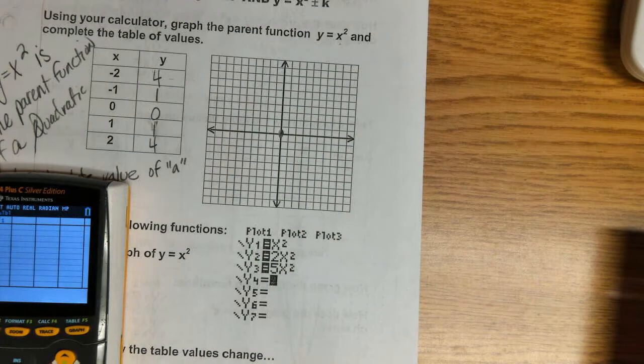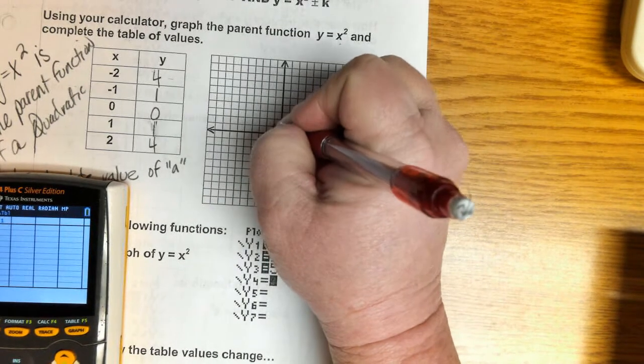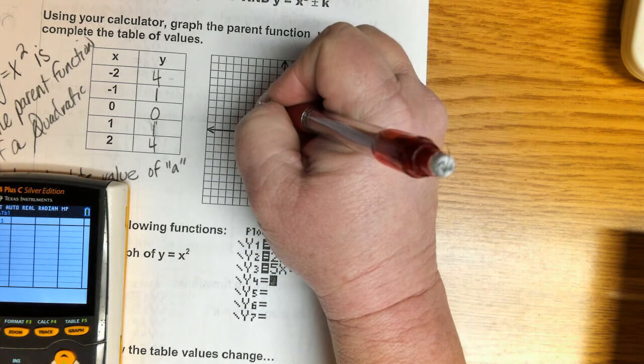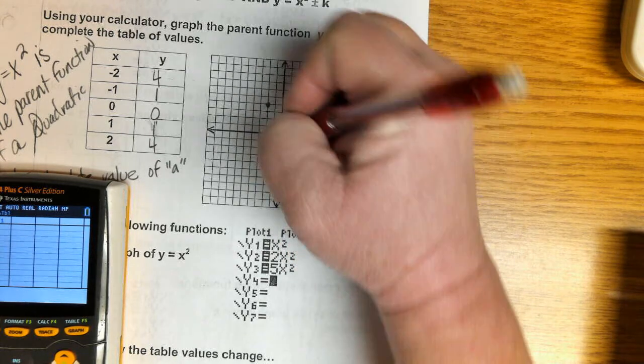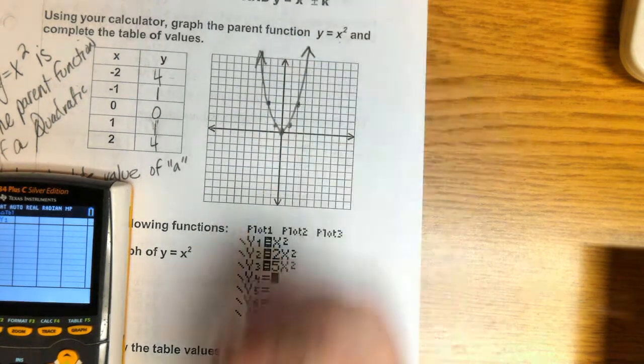So here's my vertex. I've got -1 and 1, and 1 and 1, and -2 and 4, and 2 and 4. Make sure I did it right. And there is your beautiful parent function.